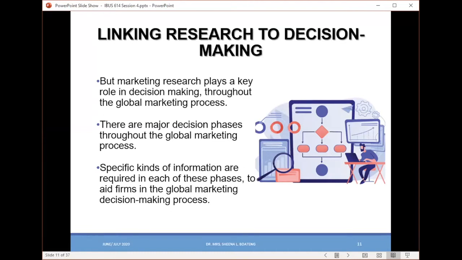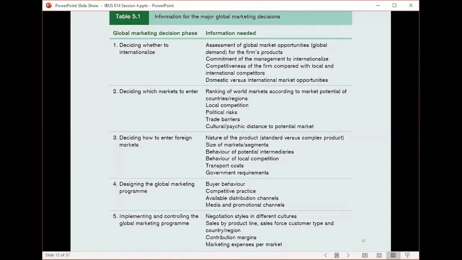It has to continue. And in continuing with your research throughout the process, there are specific kinds of information that you need at different phases of the global marketing process that will influence your decision making for the better. So let's look at the different phases and some of the information that you need at each phase.